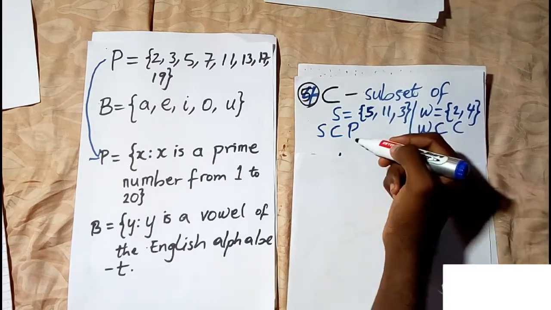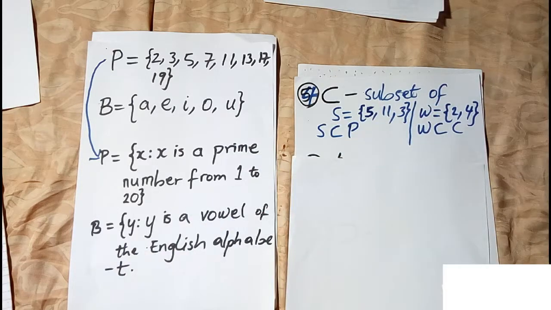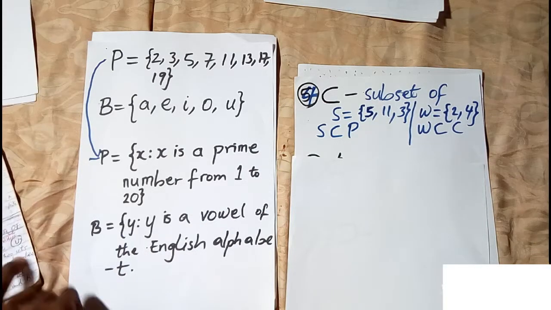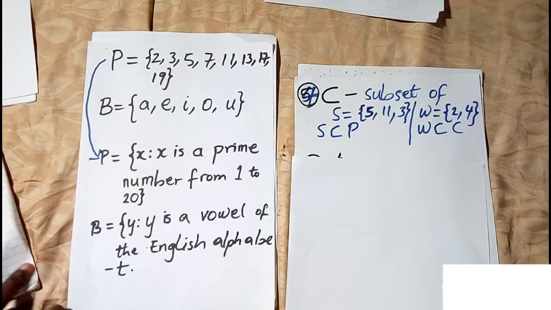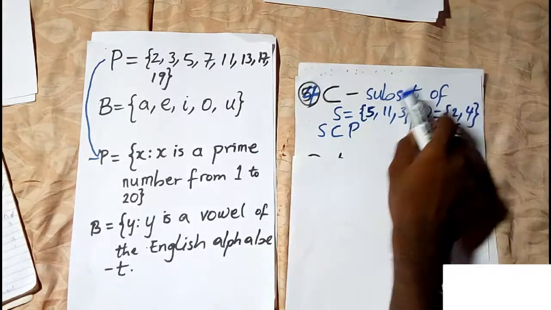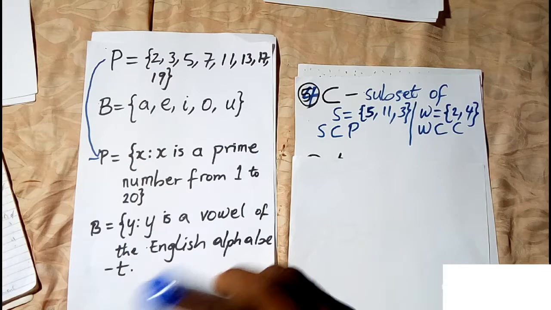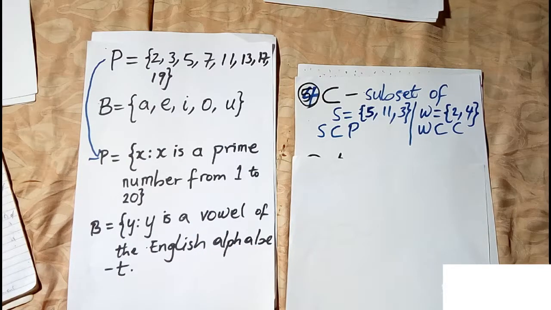And S is a proper subset because, okay, so we are saying what a subset is. A subset is a set where all its elements can be found in the other set.